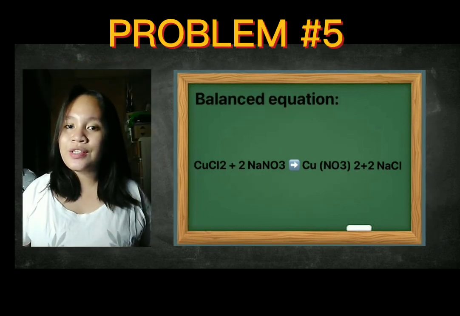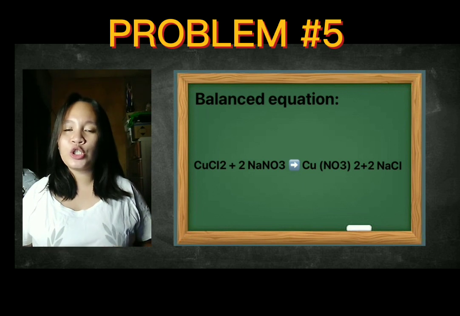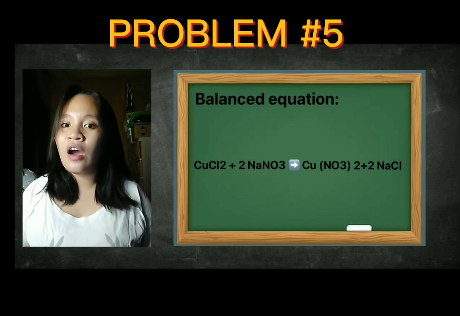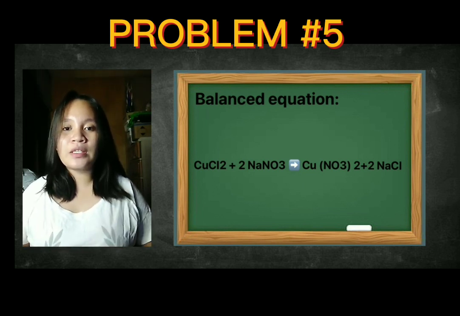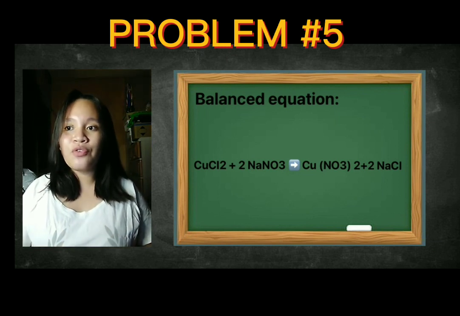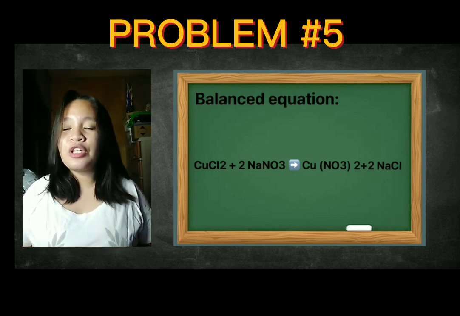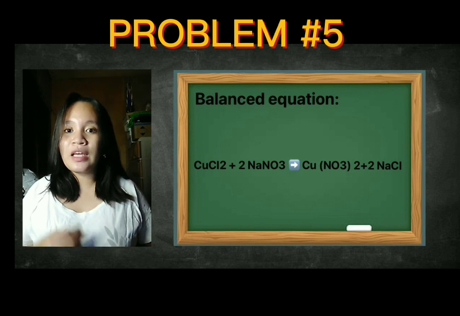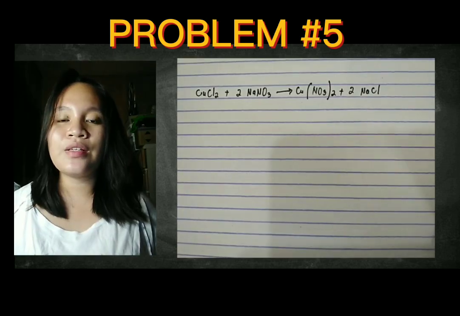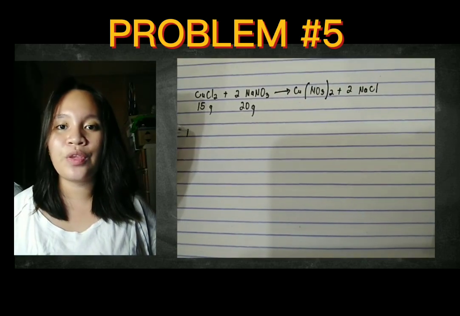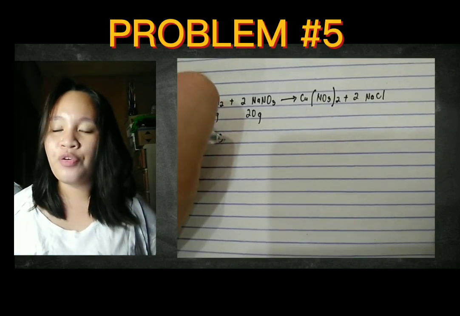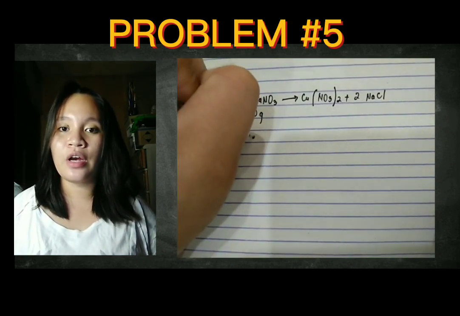Okay, so learners, after balancing the equation, let us now proceed to converting the grams into moles. So let's convert the given 15 grams and 20 grams into moles. Let's start first with the first given, 15 grams of copper chloride.